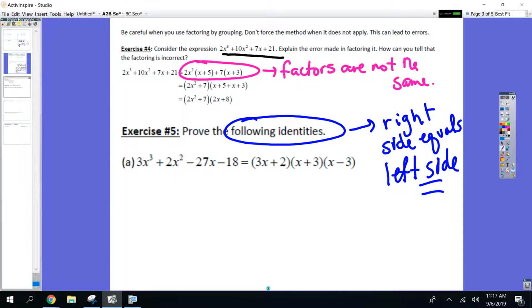Right side equals the left side. Meaning, whatever's on the left should match exactly what's on the right. And we're not there yet, obviously, because the left and the right do not mirror each other. But we can get there.